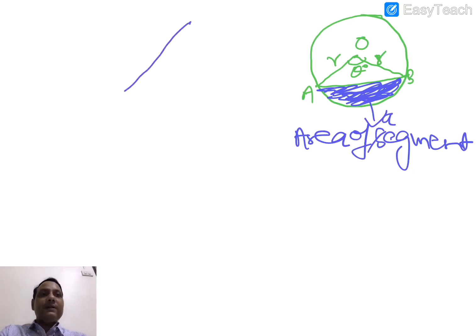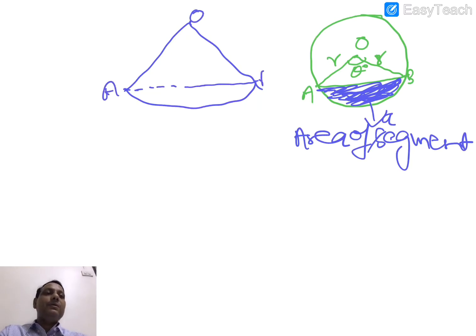See, in a sector, here we have the sector, and you are cutting a triangle. So the triangle is AOB, and the radius is r, and this angle is theta, in degree.